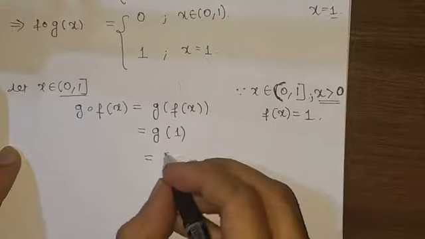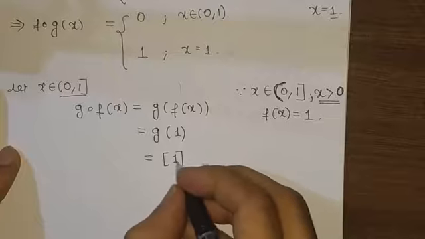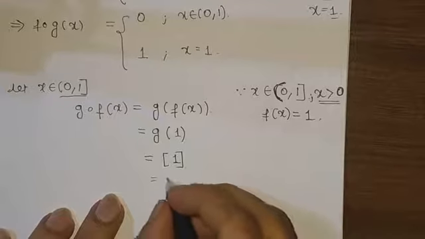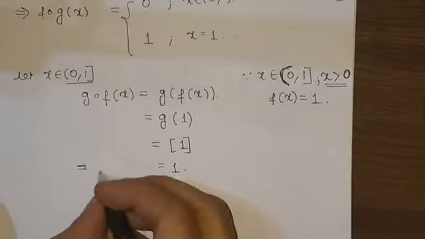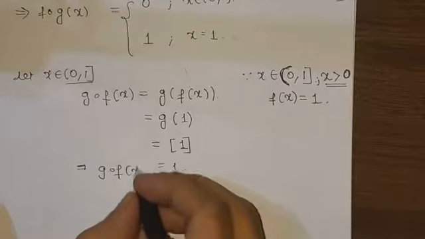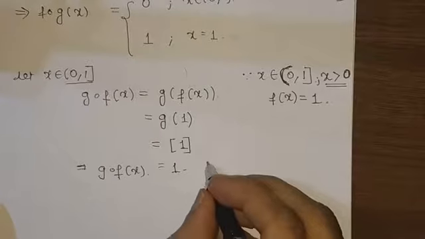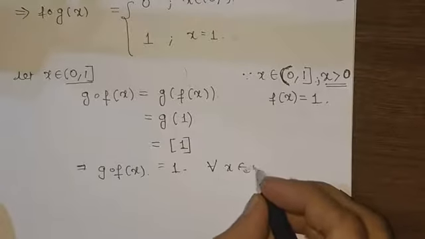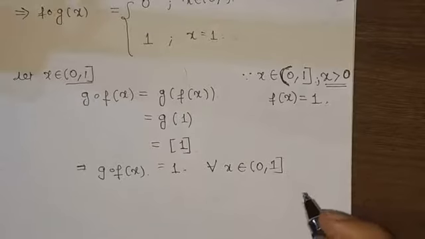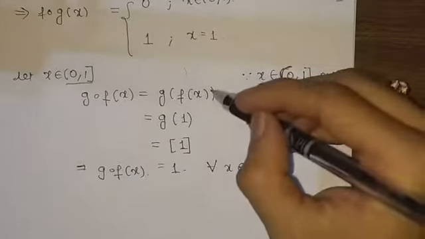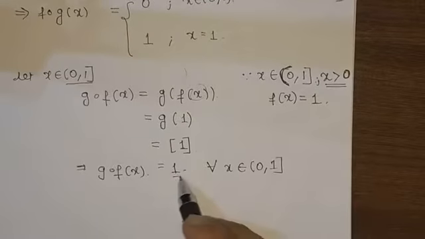Okay, now what is g of 1? It is nothing but greatest integer function of 1, which is 1, right? So what you get is g composition f of x is equal to 1 for all x belonging to the open 0, 1 closed. Any x you take, you are getting only one definition, that is 1.